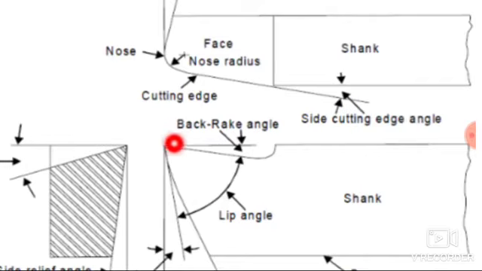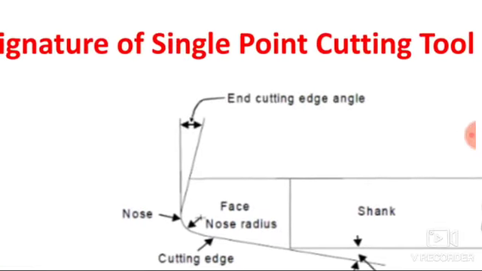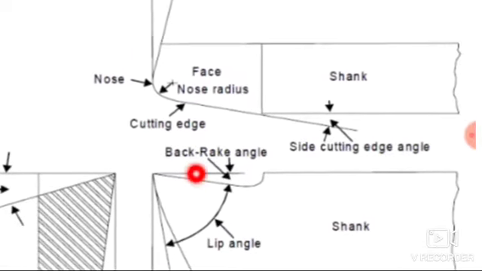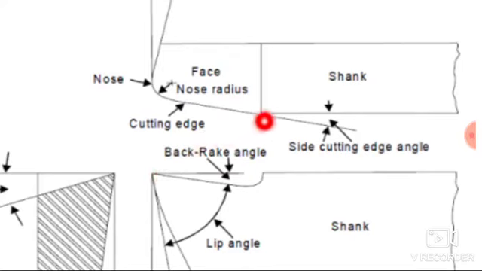Here the tool has been given a positive rake angle. If the face is inclined in this fashion, then that is known as negative rake angle. And if the face is exactly parallel to the base of the cutting tool, then it is a zero rake angle. So the back rake angle can be a positive rake angle if the face of the cutting tool is inclined downward.